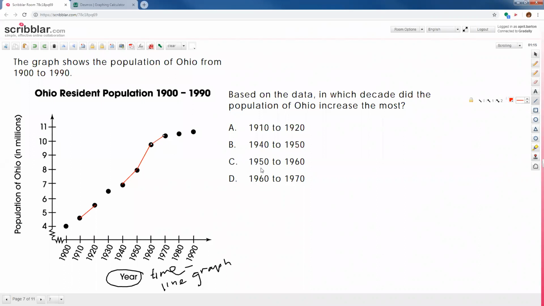So once you have the lines drawn in for each decade, so I just looked at, 1910 was this dot, 1920 was this dot. What happens when you connect them with a line? And 1940 was here, 1950 was here. What happens when you connect them with a line? It goes up. Yeah, it goes up. So it says which one increases the most, which one's increasing more quickly than all the rest, which one's steeper?